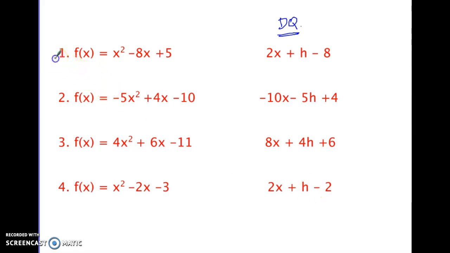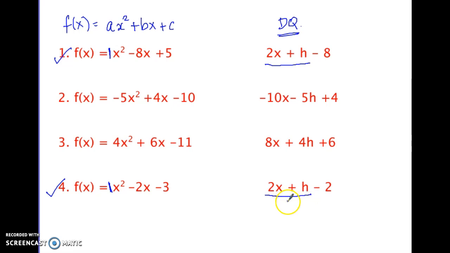Okay, so question number 1 and question number 4 compare it with ax squared plus bx plus c, right? In question number 1 and 4 we have a is 1, the coefficient of x squared is 1. So they both seem to have the first two terms the same in their difference quotient, and then they're just using the coefficient of the linear term, negative 8 over there, and look here, negative 2 is the last part.